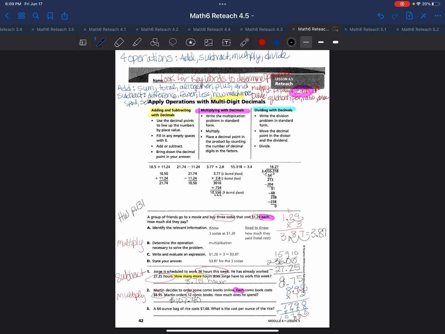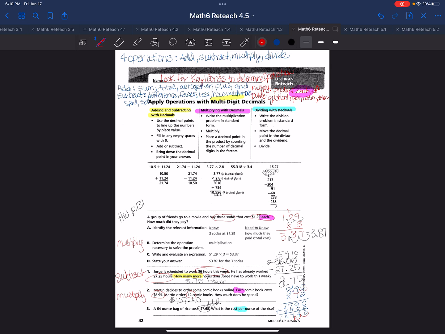Okay, question 3. A 64-ounce bag of rice costs $7.68. So this is the total. And they're asking me here, how much does it cost per ounce?